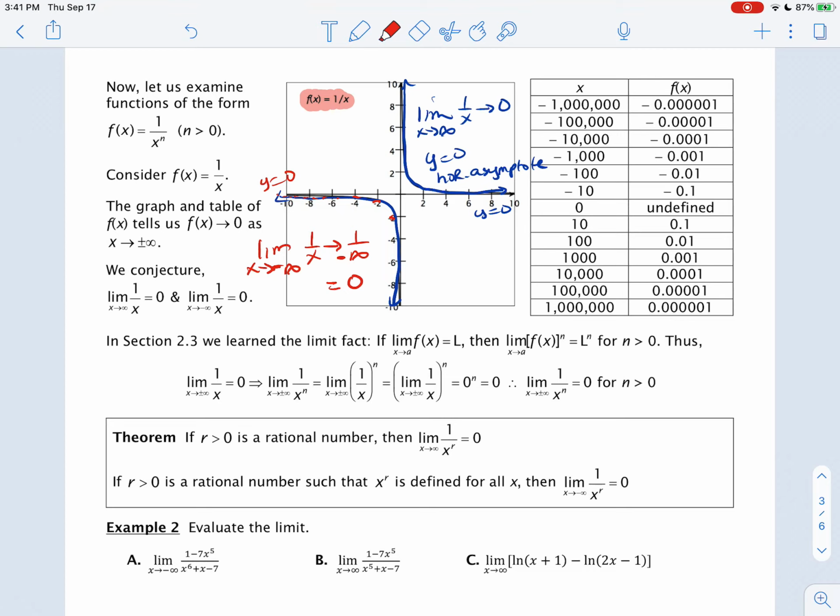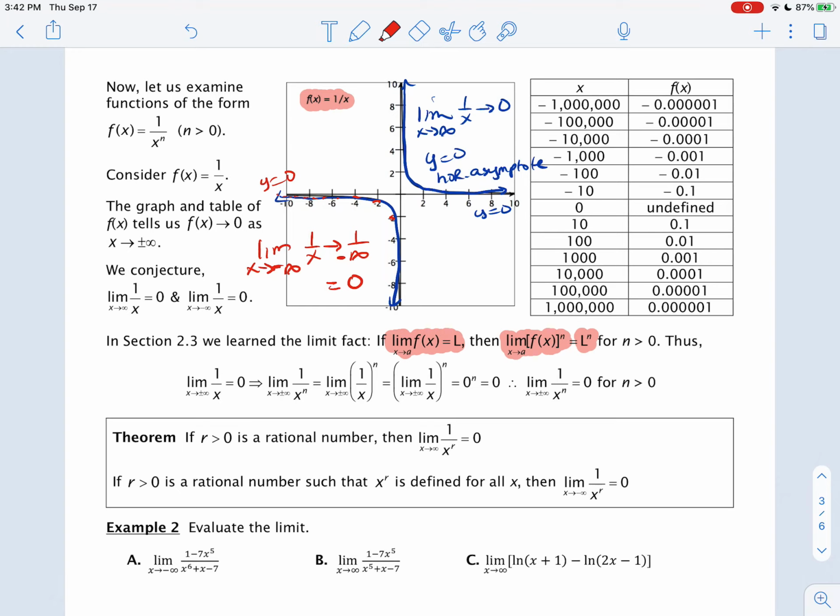In the previous section, we had the rule that if the limit as x approaches a, and a can be infinity, of f of x is equal to L, then the limit as x approaches a of f of x to the nth power is going to equal L to the nth power for any n that's bigger than 0.